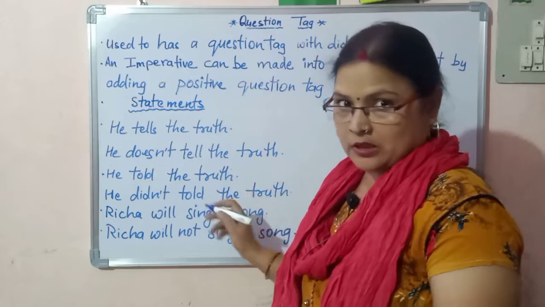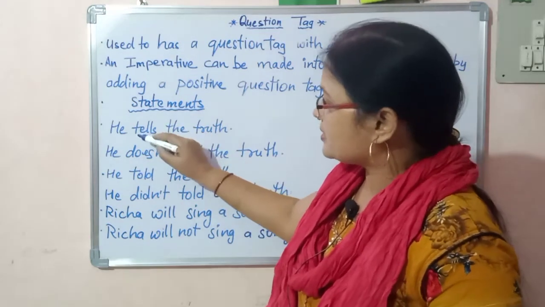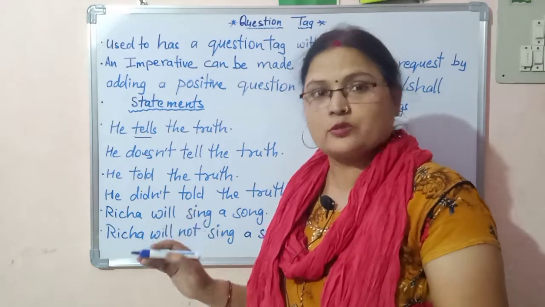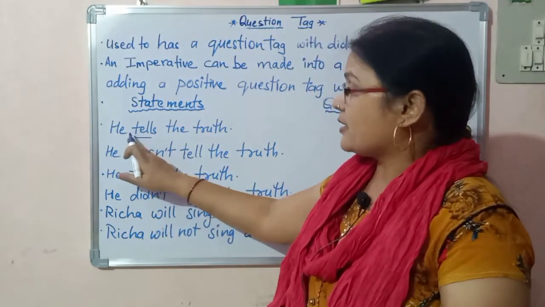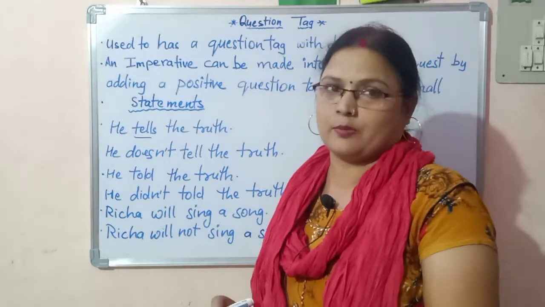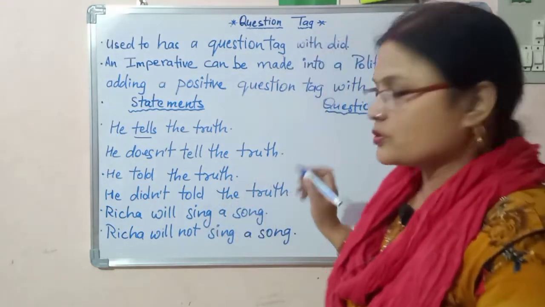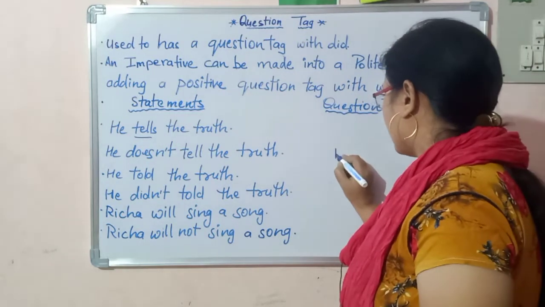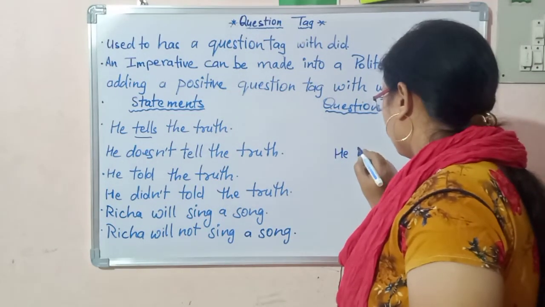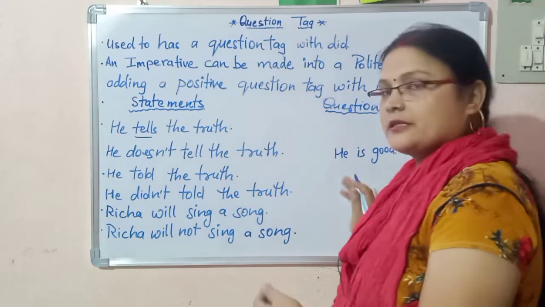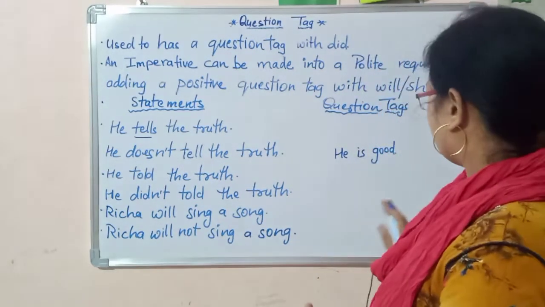He tells the truth. Notice the verb here is V1, not V2, and you can see there is no helping verb in the statement. So in this case, what should we do? Let's first look at a simple sentence I am writing for you: he is good.